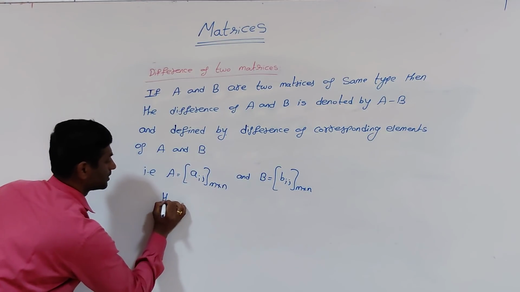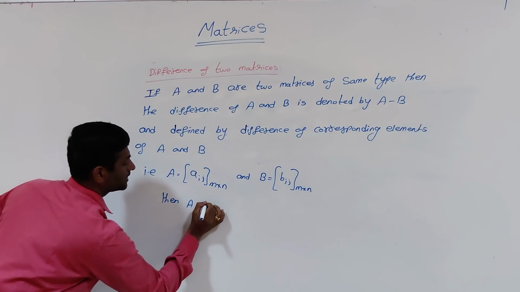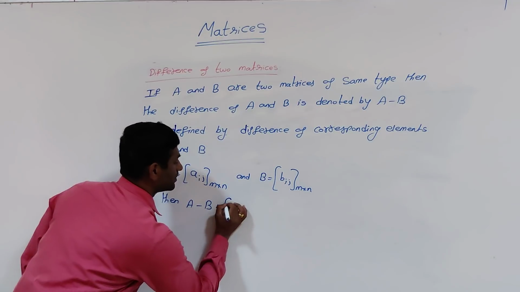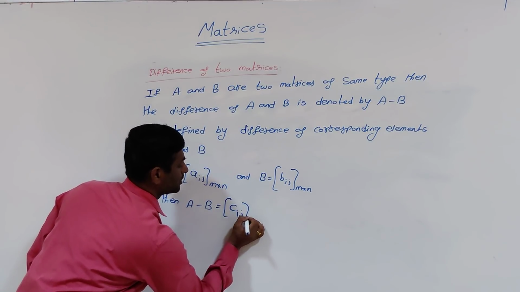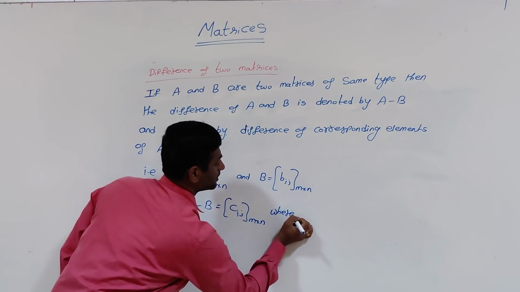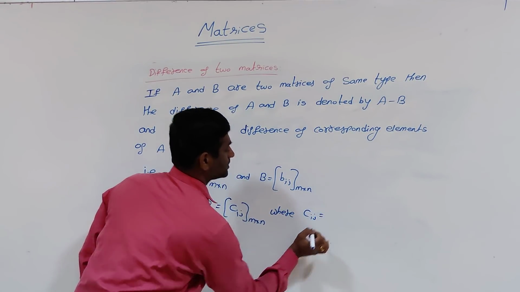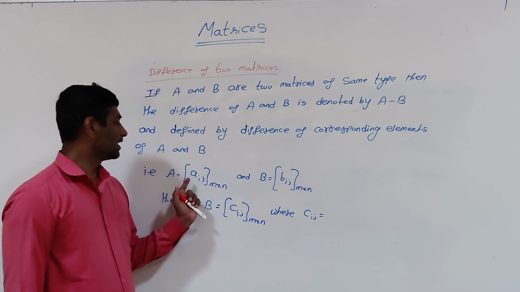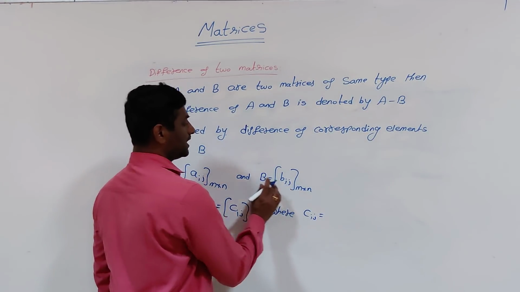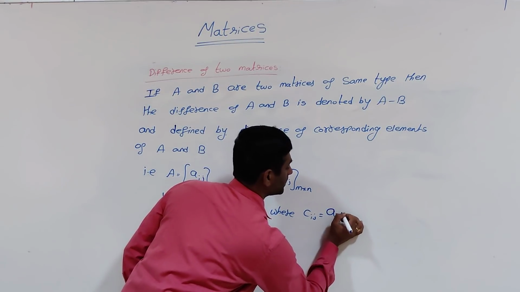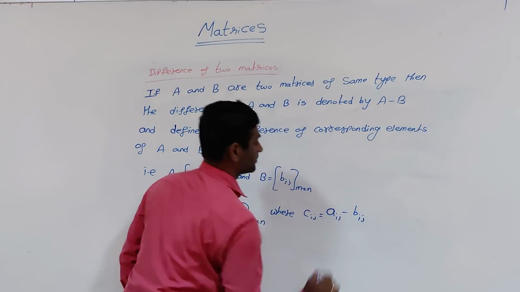Then the difference A minus B gives a new matrix Cij of the same size m by n, where Cij is the difference of A and B. That is, Bij is subtracted from Aij, that is Aij minus Bij.